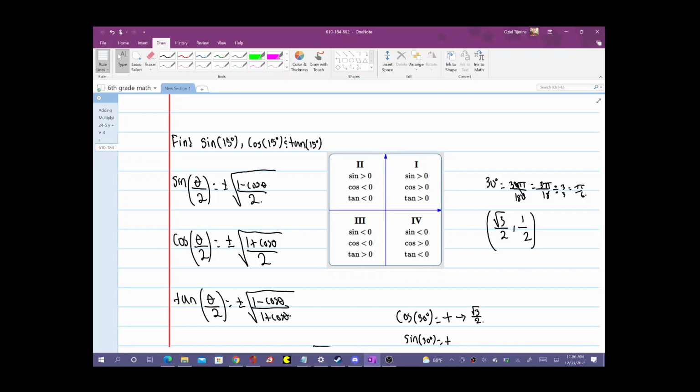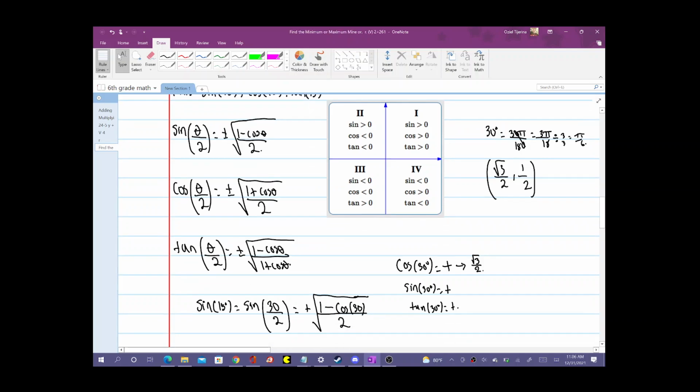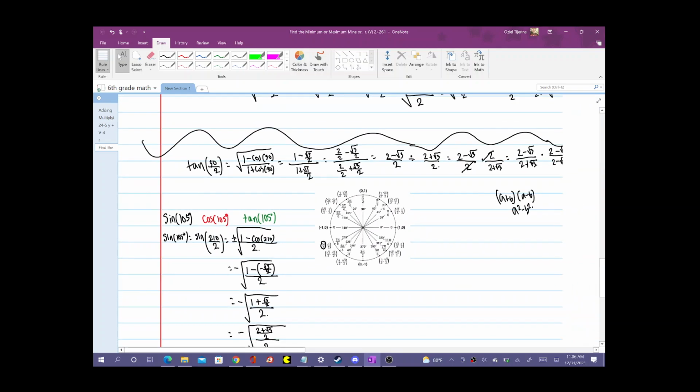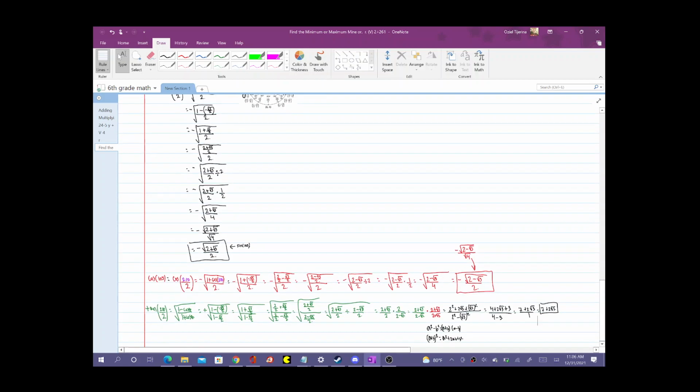And watch my videos, and any other videos as well, if you want to. The way that you know whether it's plus or minus is by looking at this chart. You have to know where your angle is in terms of the unit circle. So looking at the unit circle and looking at this chart is basically your go-to for these types of problems.